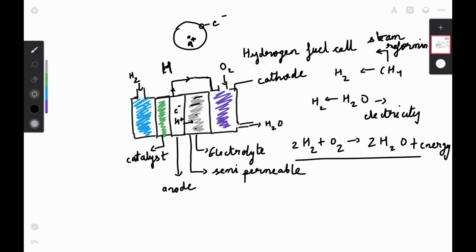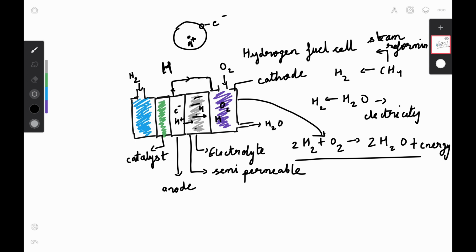So here when the electron is going here and the H plus is traveling through here, the H plus again combines with the electron to form hydrogen, and the hydrogen then combines with the oxygen, and this reaction is produced. This is the basic, no need to go by the actual, this is just to make you understand the concept.